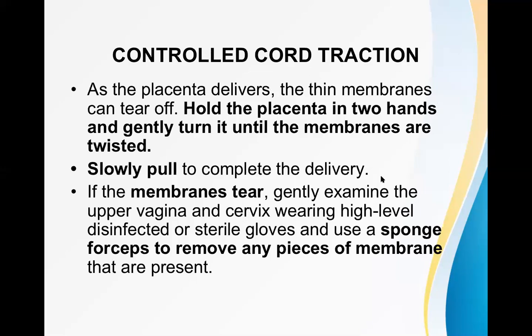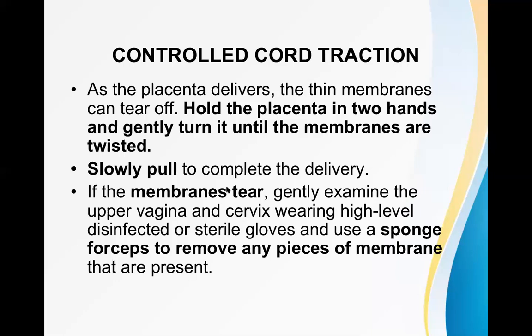Now, especially the amnion, it can tear off on its own. Hold the placenta in two hands and gently turn it until the membranes are twisted. That means the membranes are separated from the uterine cavity and they are delivered outside. Slowly pull to complete the delivery.